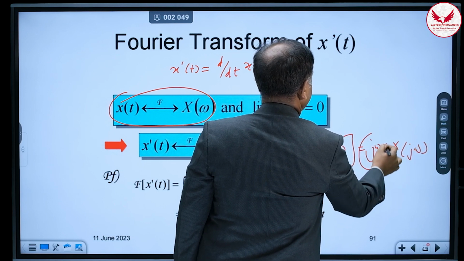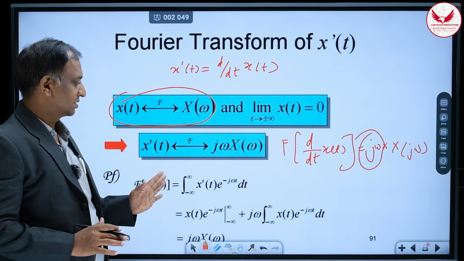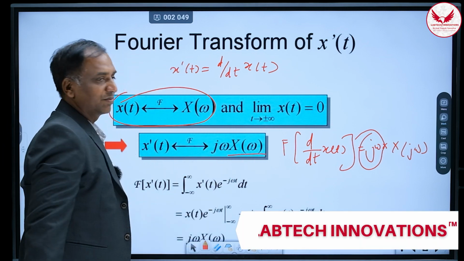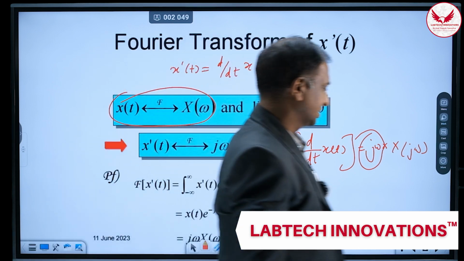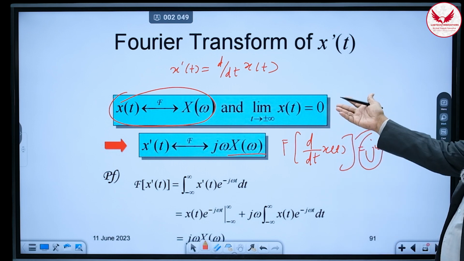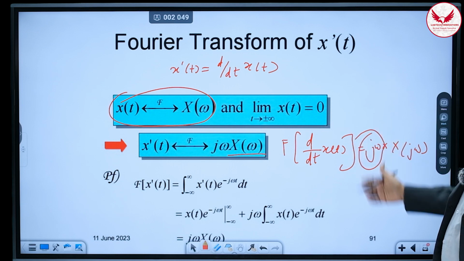So if you take the derivative, its Fourier transform is equivalent to multiplying the Fourier transform of the signal by j omega. If you are asked to find the Fourier transform of the derivative of a signal, you find the original Fourier transform and multiply by j omega, and that will give you the Fourier transform.